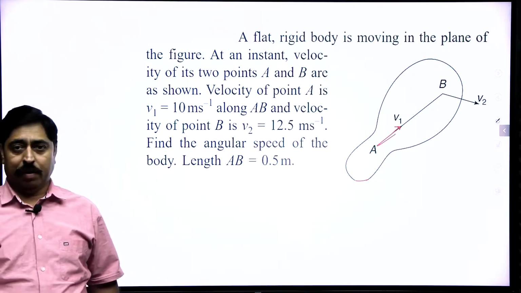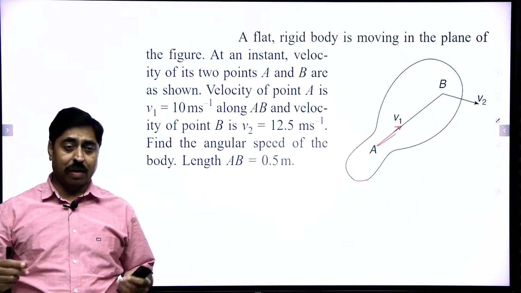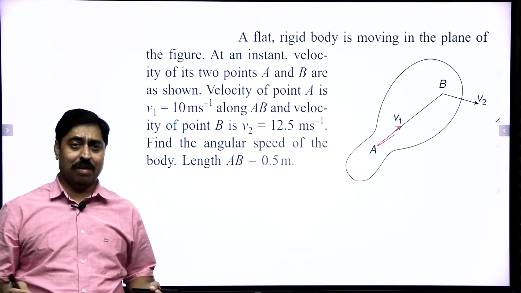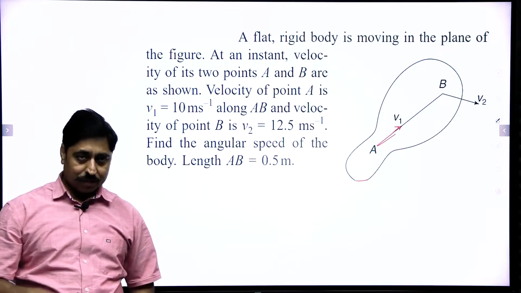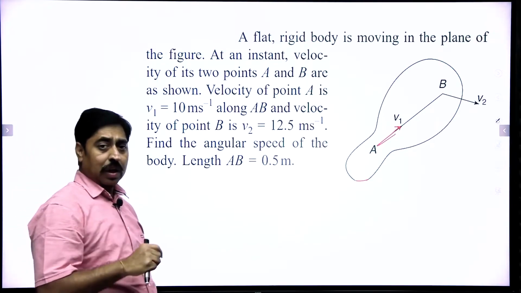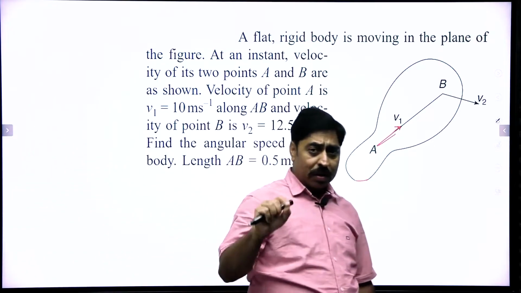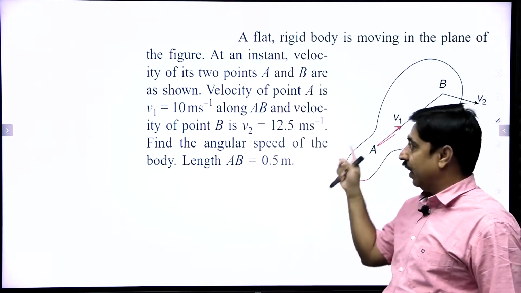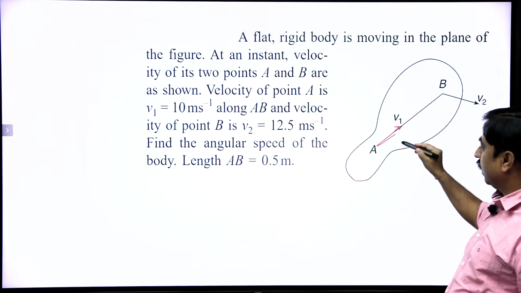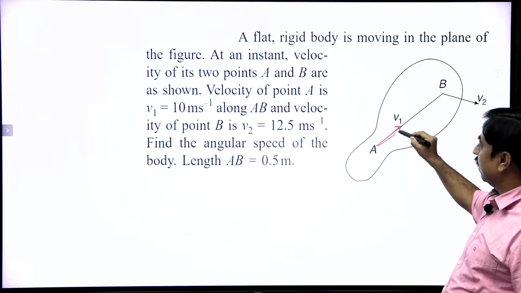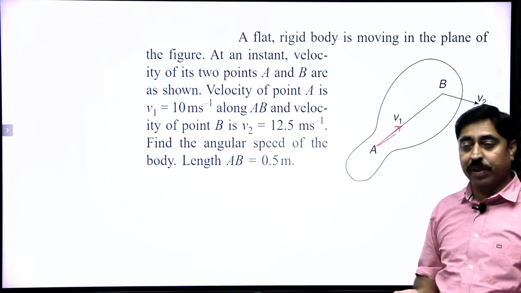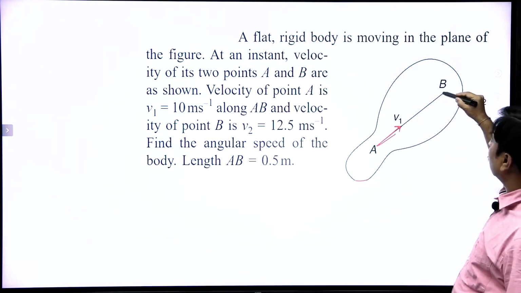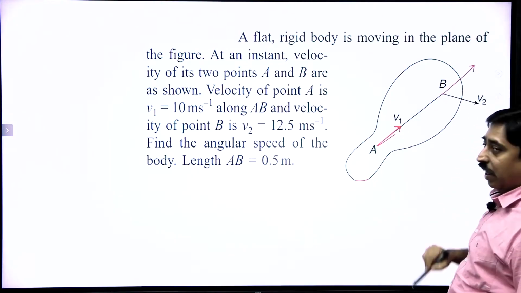Students, if you have any bit of confidence, in fact, you should pause this video and attempt this question. Here I am doing it for you. According to the concept learned just now, if it is a rigid body, then the velocity component of this point in this direction, which is 10, the velocity of A is entirely towards B, must be the same as the velocity component of point B in this direction.